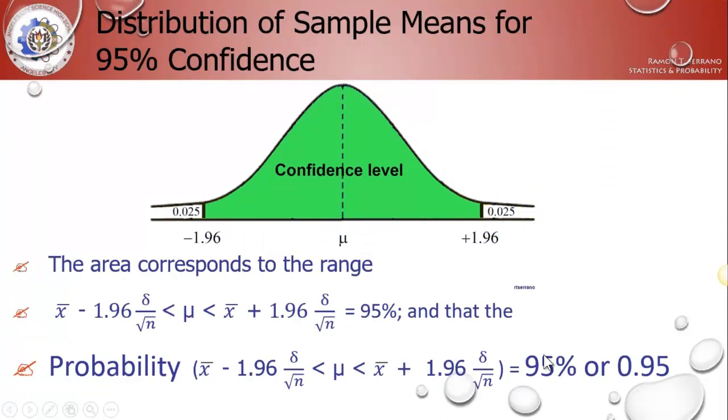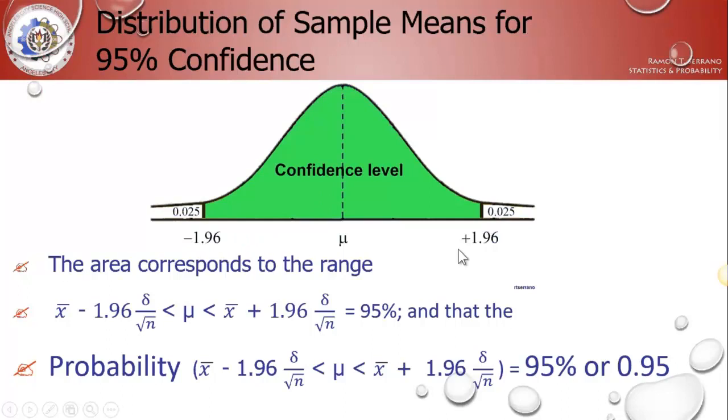Okay. The distribution of sample means for 95% confidence, meaning to say, our confidence level is at 95%. Of course, the total is 100% confidence, which is being completely sure, which is very unlikely in any experiment. And if you're talking about the normal table, when mu is equal to 0, that means we have standardized using the formula earlier.